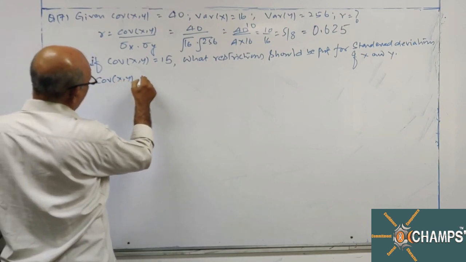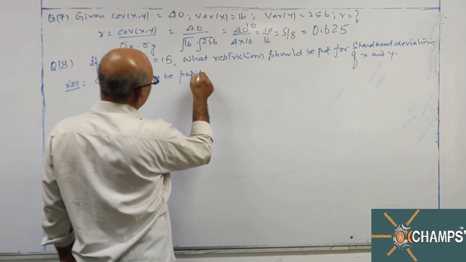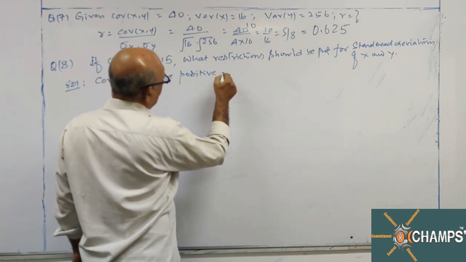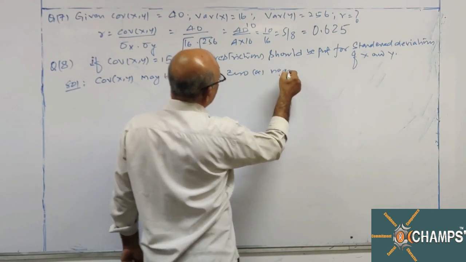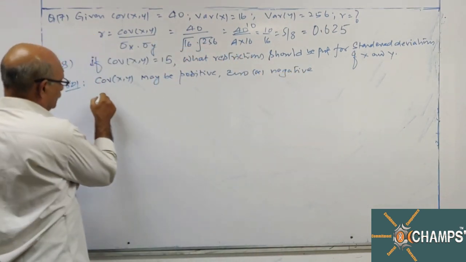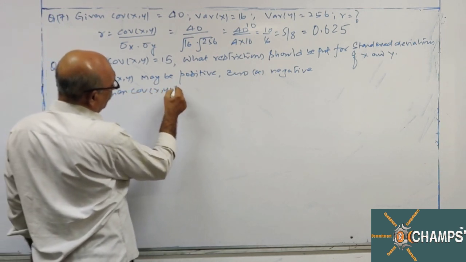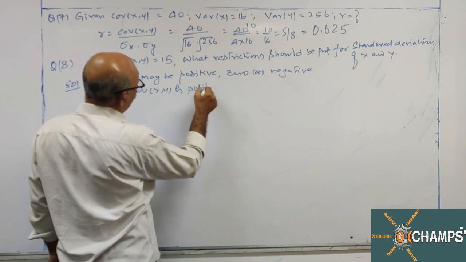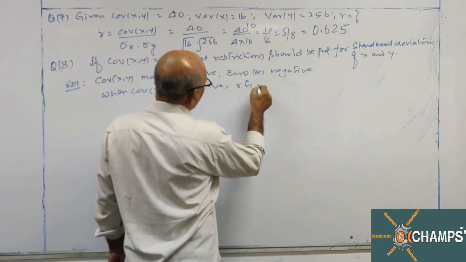Covariance of x comma y may be positive, 0 or negative. When covariance of x comma y is positive, R is also positive.